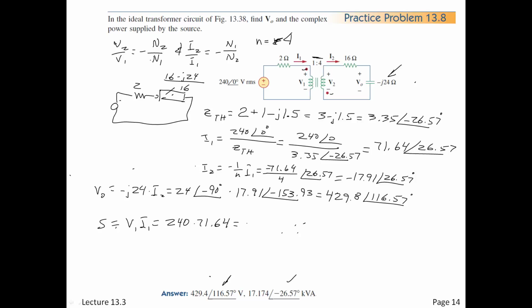So that is 17,193 at an angle of minus 26.57. I just grabbed the angle from over here. It was the complex value of this. All right. So I think that's all we'll do for the ideal transformer.